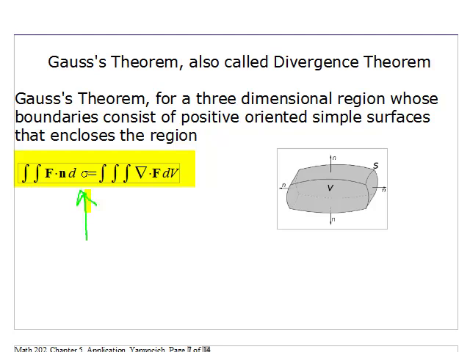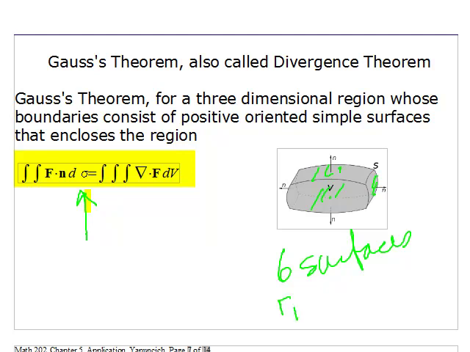But the surface of this, if you looked at it like that, would have 6 bounding surfaces. This one, the one on the top, the one on the bottom. If you could write one function that would give you all those surfaces, good for you, but I don't think it can be done. So you would have to parameterize each one of them.